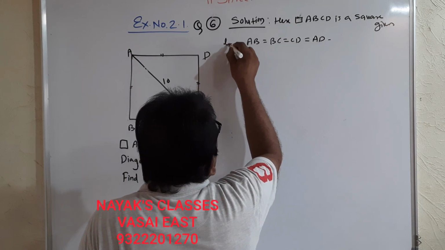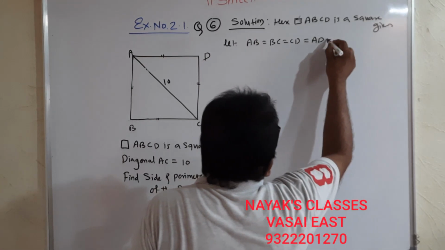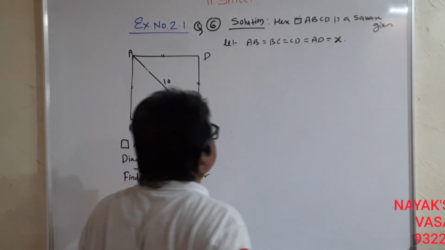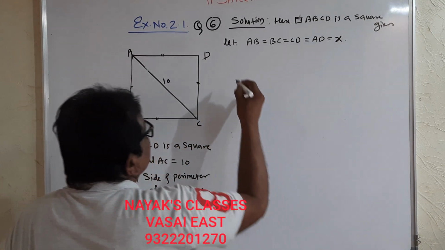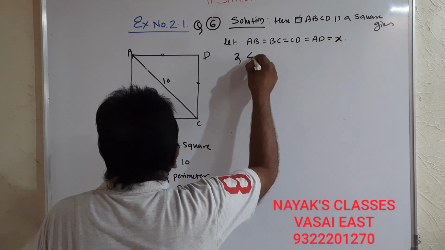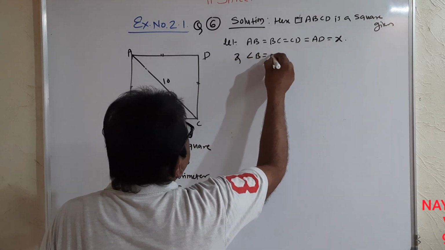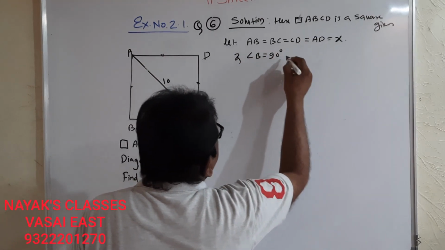Suppose AB is equal to x and angle B is equal to 90 degrees.